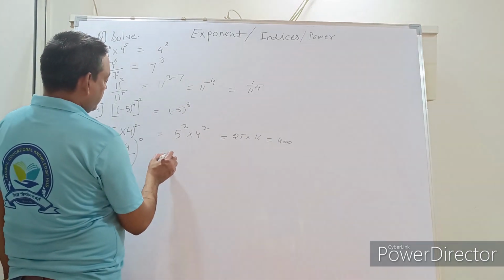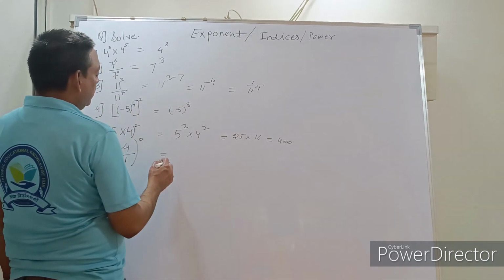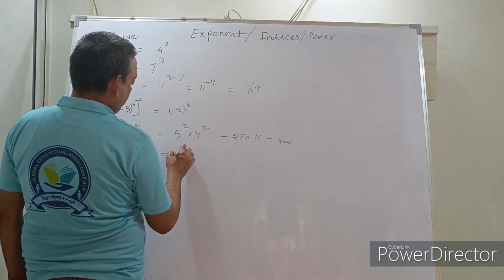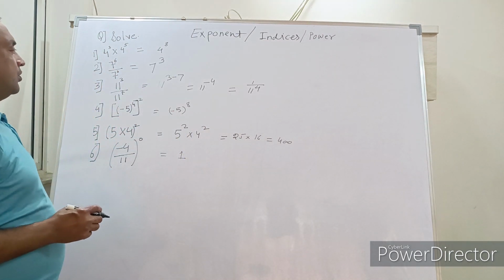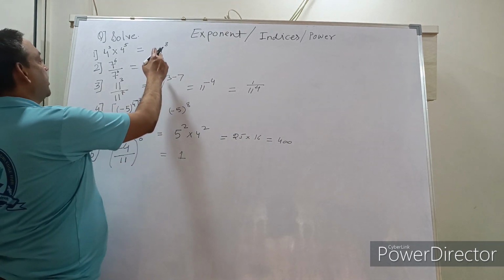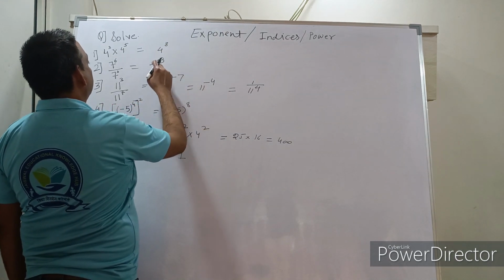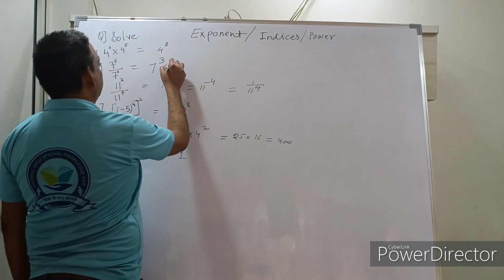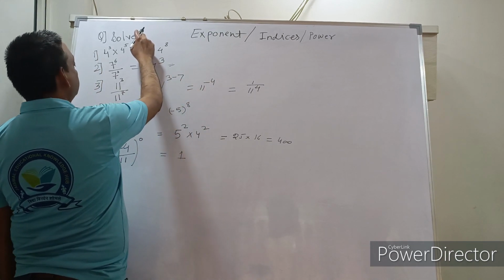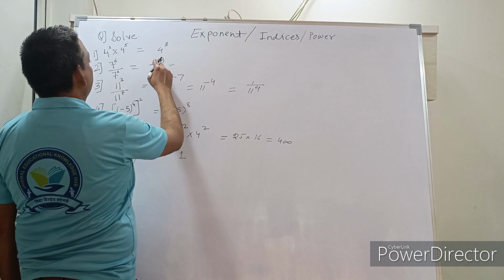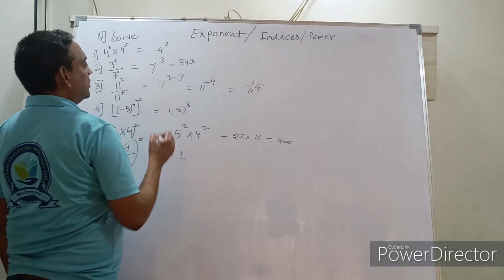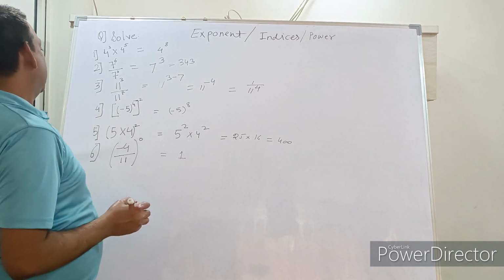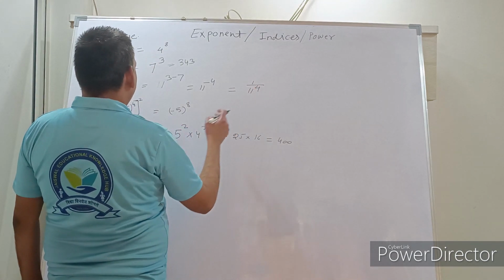And then the next one: anything raised to 0 gives you 1, provided it is a non-zero number. Now 4 raised to 8, no need to simplify further. 7 raised to 3, if you want you can simplify further, because it says to solve here, so you can write the answer as 343.